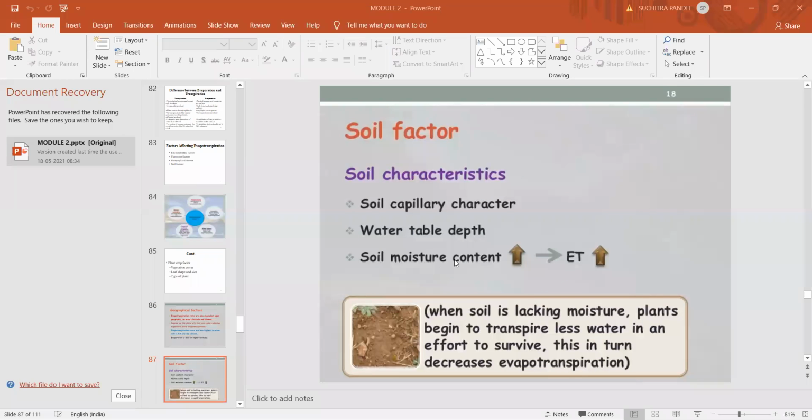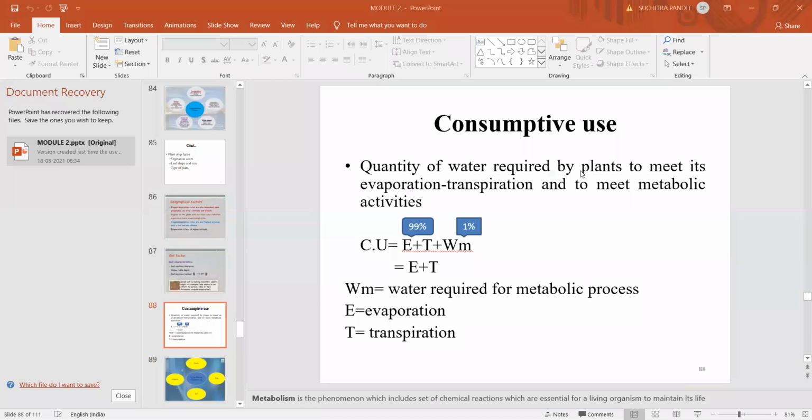And the soil moisture content in a given soil: when the soil is lacking moisture, the plants begin to transpire less water in an effort to survive. This in turn decreases the evapotranspiration. Here you can see a dry soil, and hence the plant will transpire a smaller amount of water into the atmosphere. So evapotranspiration also depends on the soil factors.